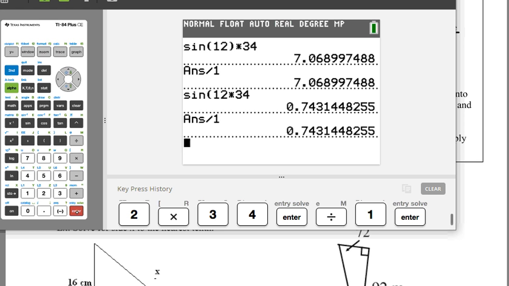The reason being, here we're getting the sine of just the 12. If we don't put the second bracket in, we're getting the sine of 12 times 34, which isn't what we want. You need that bracket to get sine of 12 times the 34. Little things with the calculator you have to be careful of, and that all comes with practice.